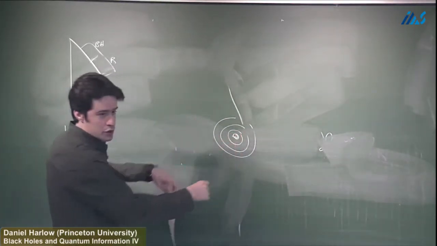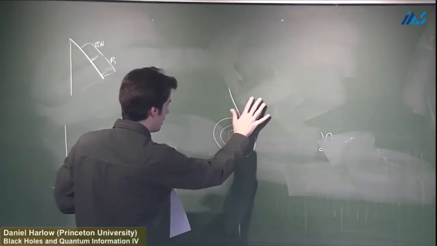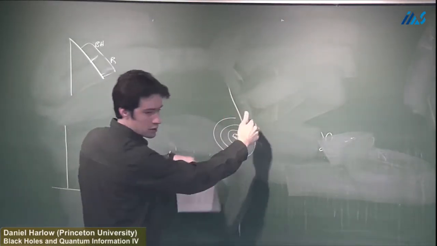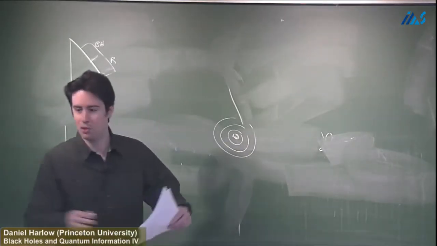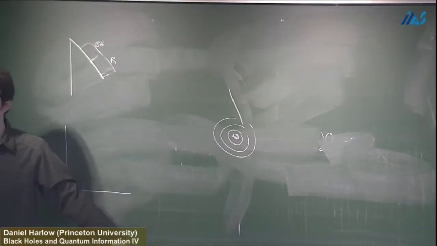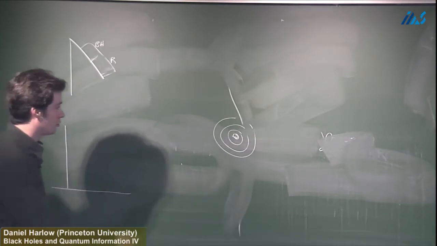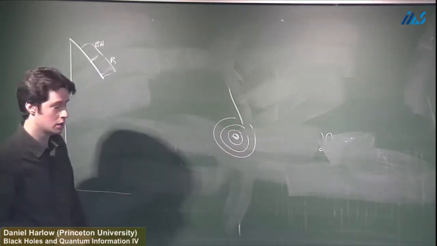S wave is L equals 0. So you can essentially describe the coarse-grained entropy of the Hawking radiation by just saying that it's a 1 plus 1 dimensional photon gas, okay? The dimensional reduction comes because it's spherically symmetric.